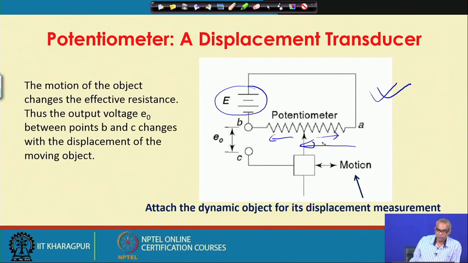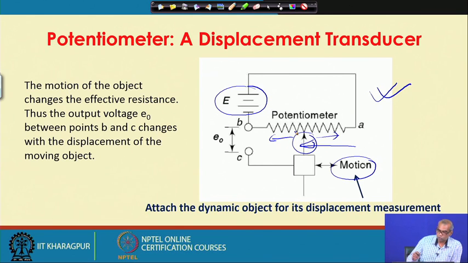So, the motion of the object changes the effective resistance. The motion of the object fixes the position of the arm, and that fixes the effective resistance.